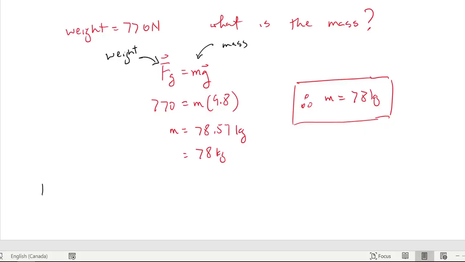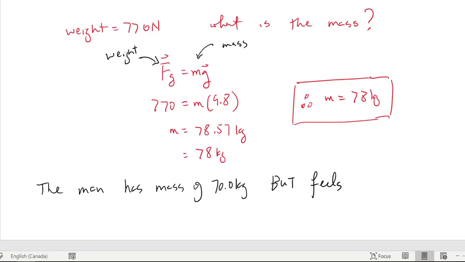In other words, the man has a mass of 70 kilograms, but feels like 78 kilograms. So he feels 8 kilos heavier.